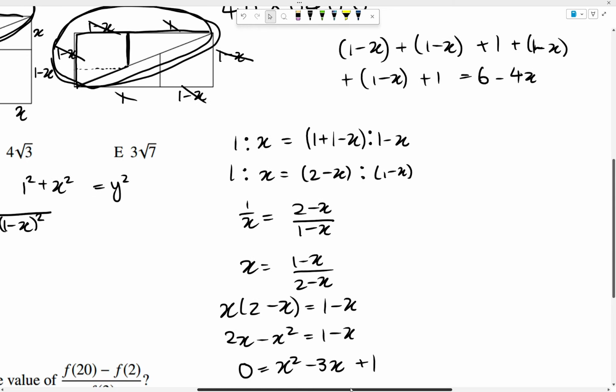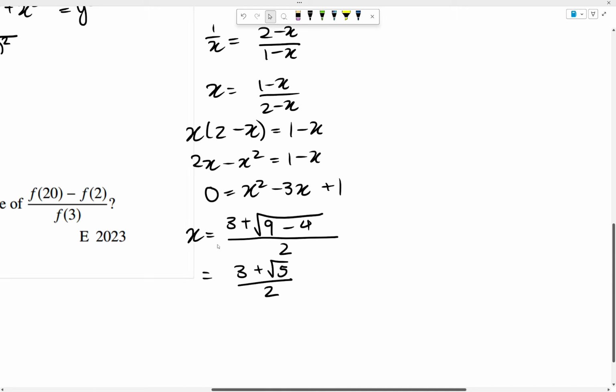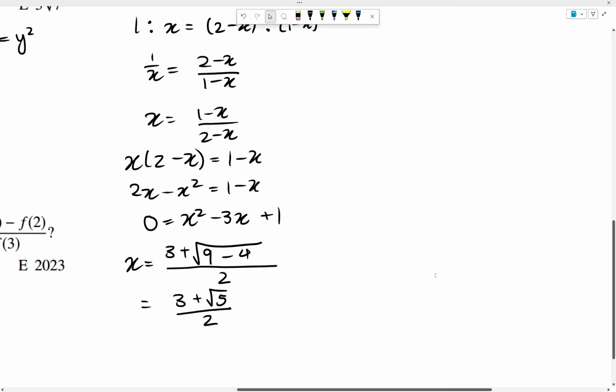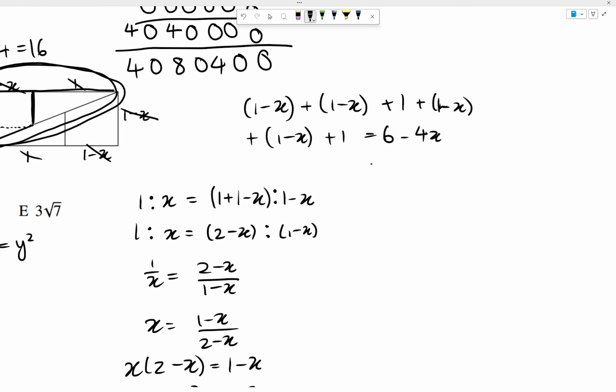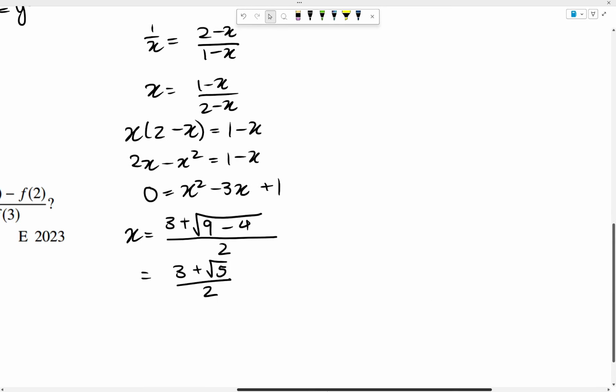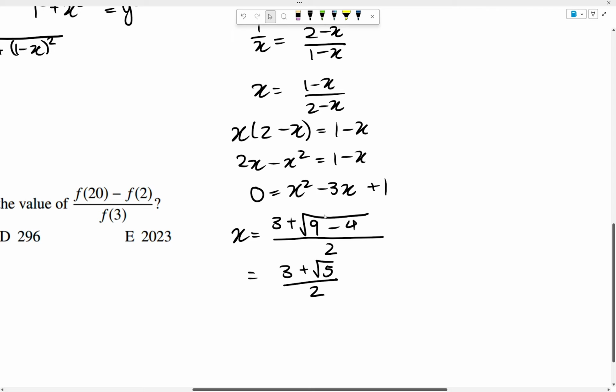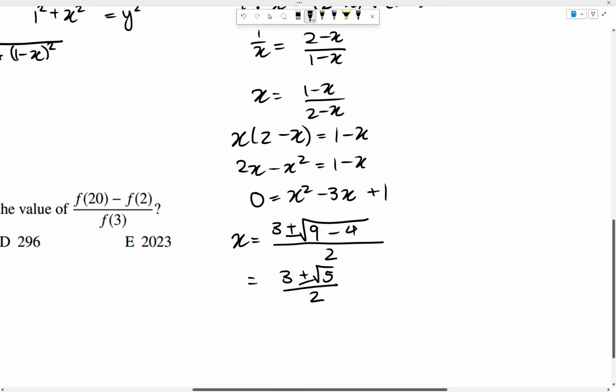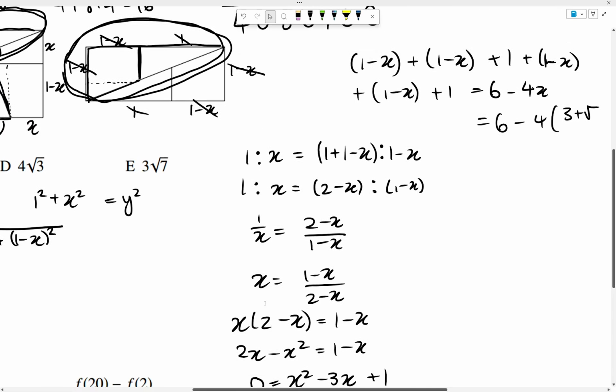And then substituting in the value of x we found here, that's going to give 6 minus 4 lots of 3 plus, oh sorry, I was wrong when I said I can't use the minus in the quadratic formula, because in fact we're supposed to be using the minus, because we know that the length of x is less than 1.